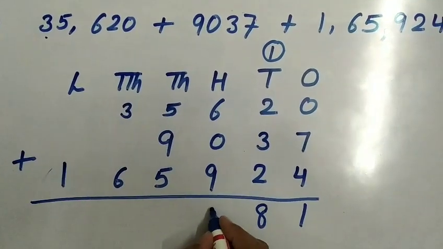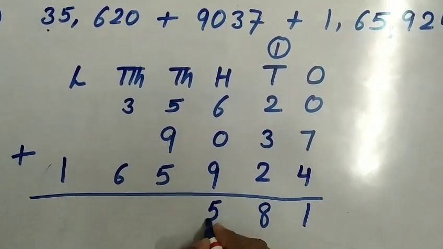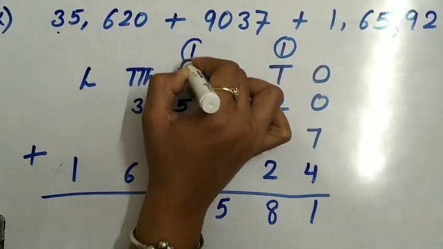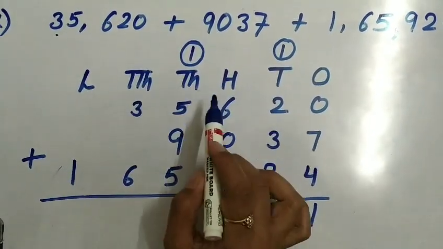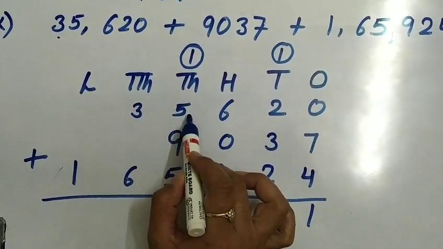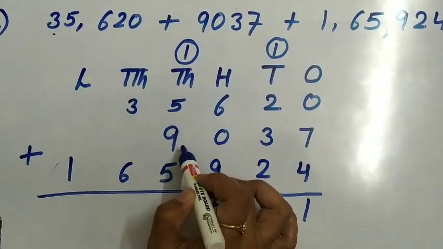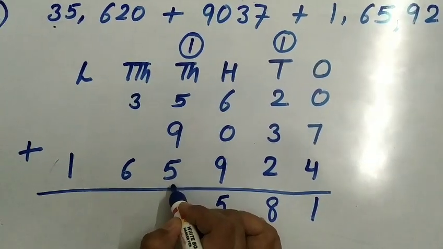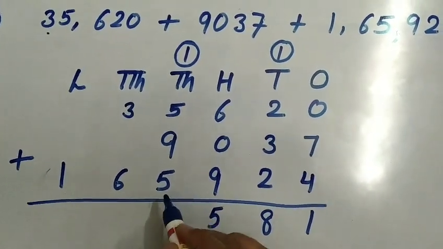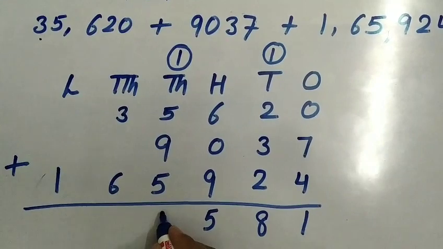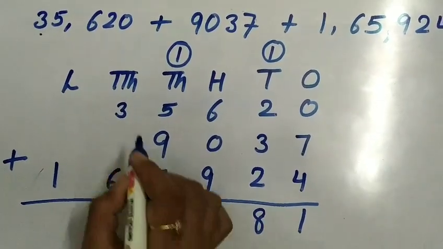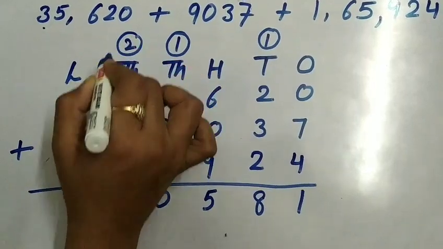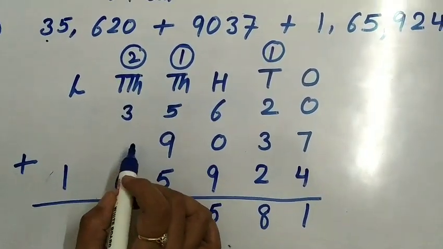We will write here 5 and carry over 1 to the 1000 place. Now 1 and 5, 6, 6 and 9, 15, 15 and 5, 20. So we will write 0 here and carry over 2 to the 10,000 place.